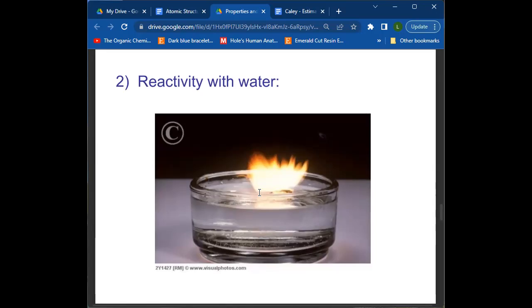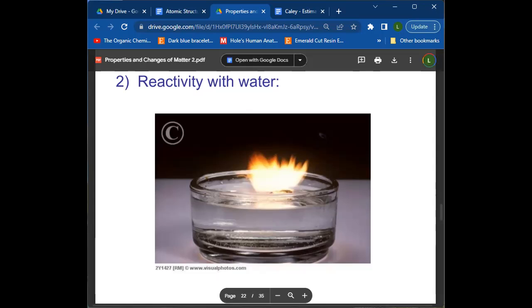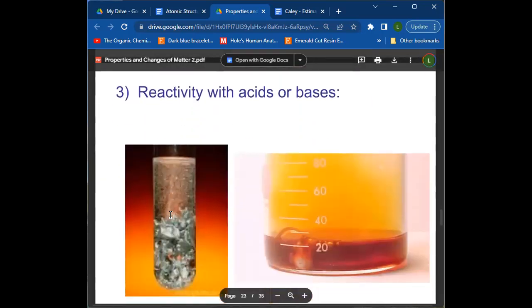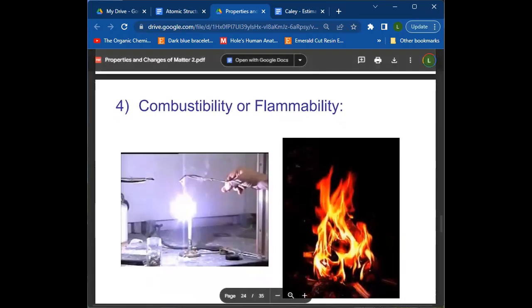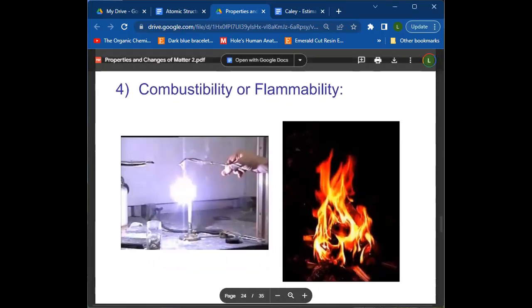That's also a chemical property. A lot of chemical properties are about reacting with, reacting with, reacting with. Then reacting with acids or bases, combustibility or flammability, those are also chemical properties.